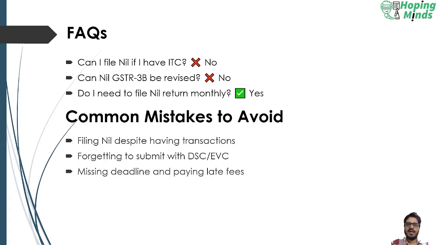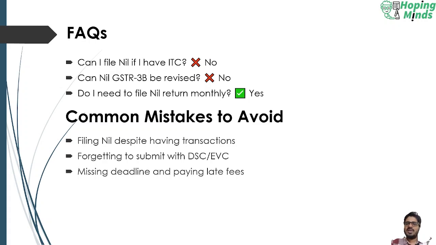Then what are the common mistakes to avoid? Filing nil despite having transactions. It must be ensured before filing that you don't have any sale or purchase transactions before filing the nil return. Then forgetting to submit with DSC or EVC. Mere submission of GSTR-3B return doesn't amount to filing of GSTR-3B return.